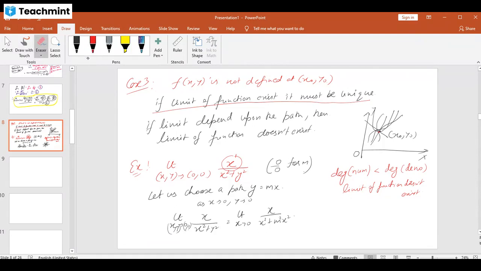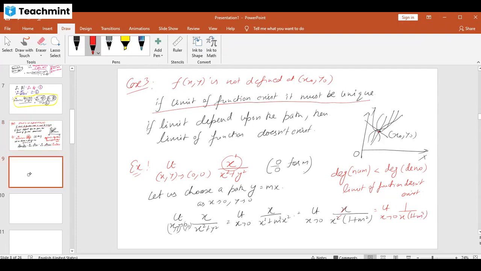Now if I take x square common from the denominator, we are left with 1 plus m square. Now one power of x gets cancelled out from the numerator and denominator. So what are we left with? This is equal to the limit as x tends to 0 of 1 upon x into 1 plus m square.